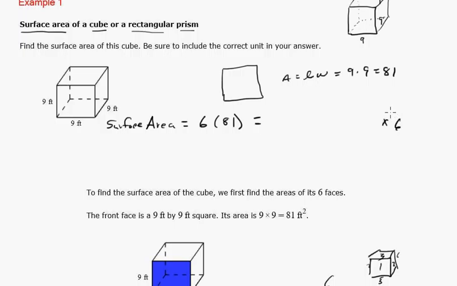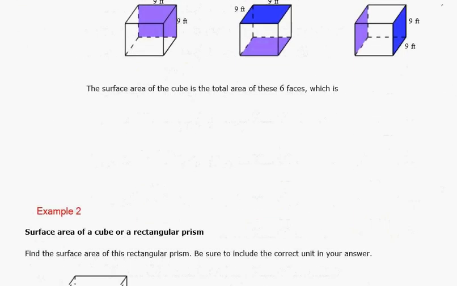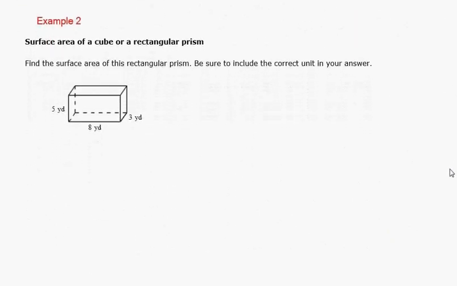I think I can do that. 6 times 1 is 6. 6 times 8 is 48. So you'd have 486 feet squared. Alright, so now let's look at one more.